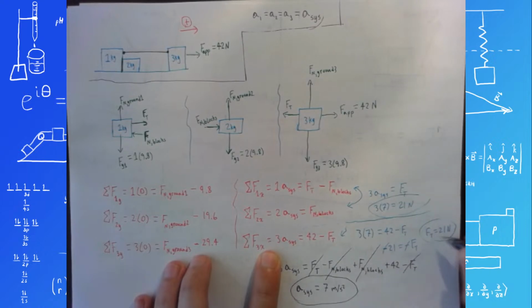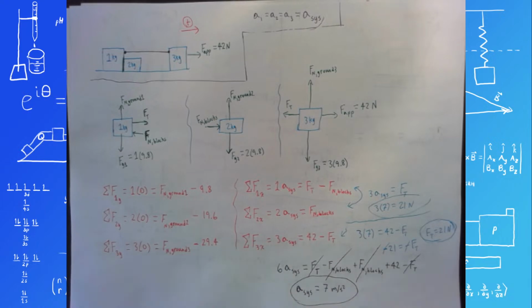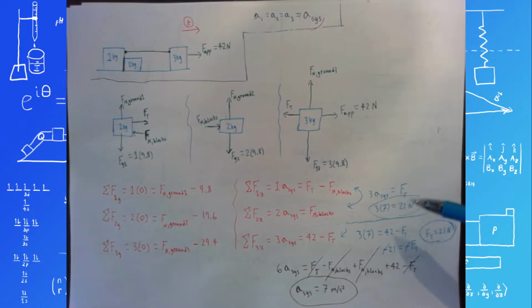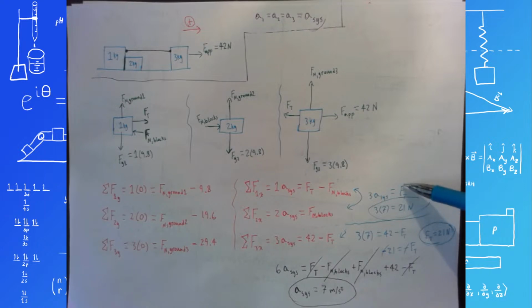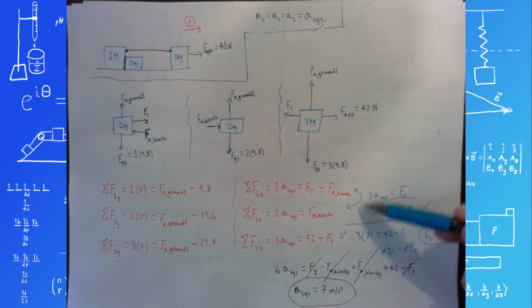So either way, whatever is easier for you. One of them is easier in the sense that you don't have to get rid of any coefficients in front of the tension force. But the trade-off is, unlike the other one, you do have to combine 2 equations, whereas for the other one, you've got 1 equation to work with.